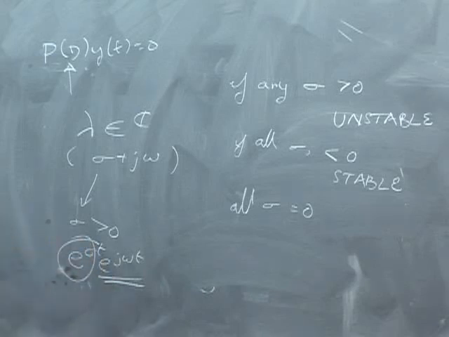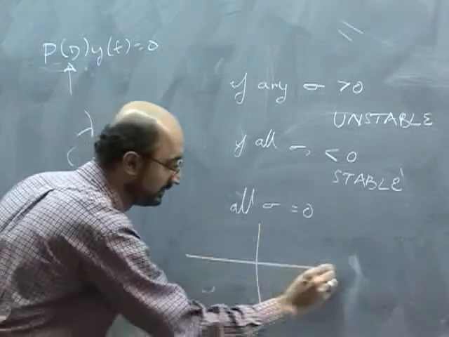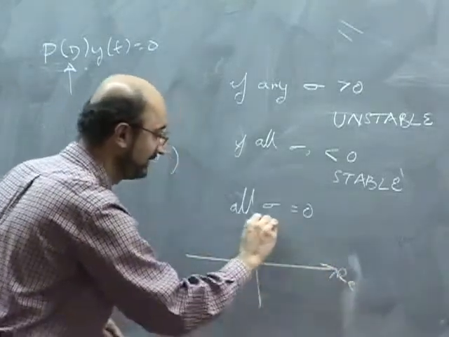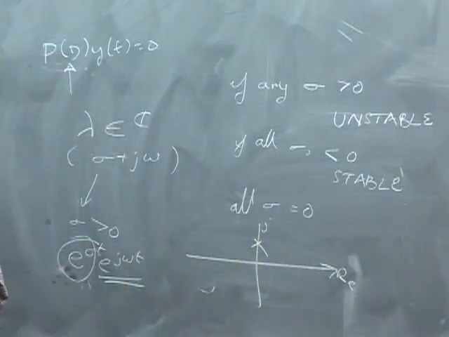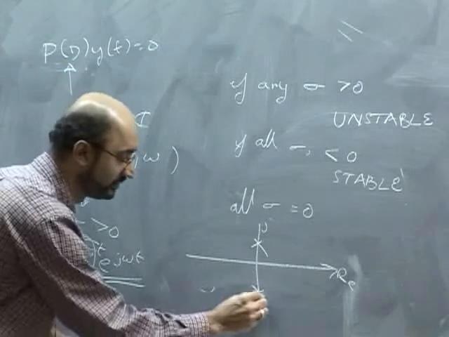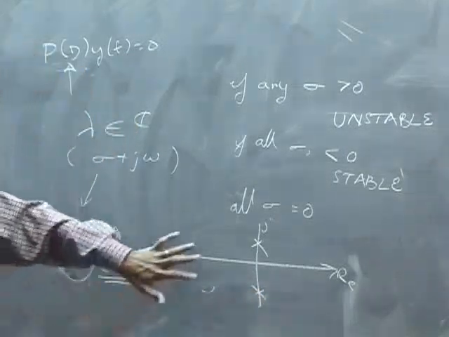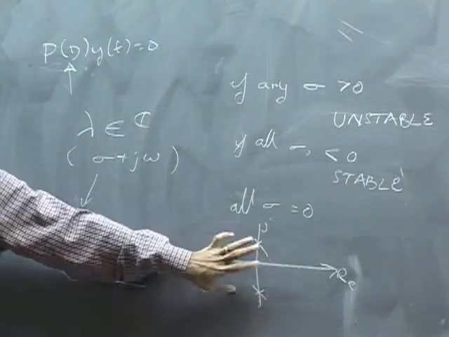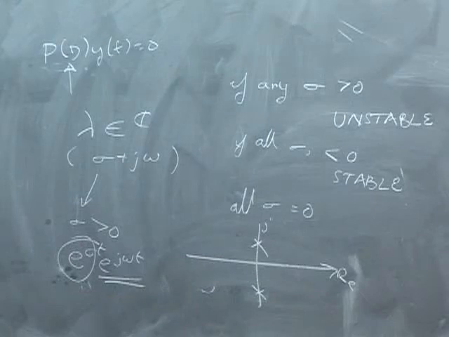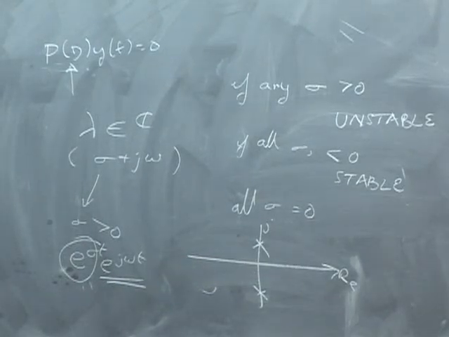To be more precise, if you have one root on the j-axis, where this is the real axis and this is the imaginary j-axis, we know it's going to be a complex conjugate. So you're going to have two roots on the j-axis, complex conjugates reflected about the real axis. If you have roots like this, the response is going to look like C1 plus C2 cos t plus sin t. It's going to be oscillatory and never die down.